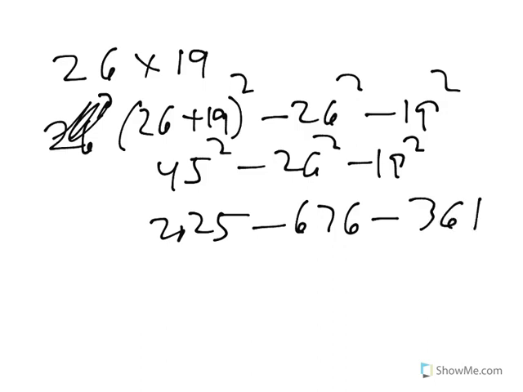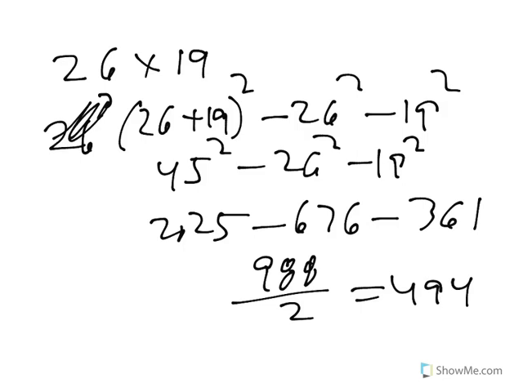So you subtract 2025 minus 676 minus 361, and that becomes 988. If you divide that answer by 2, you get 494, which is the answer.